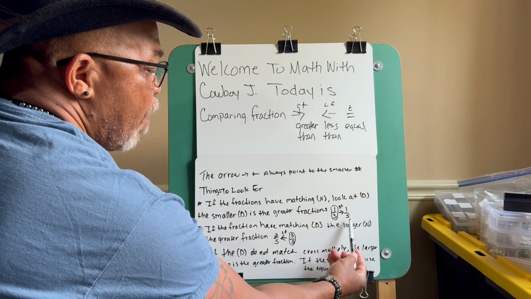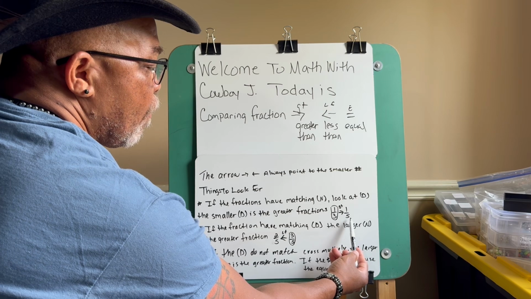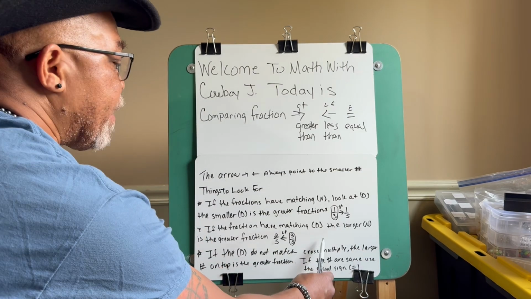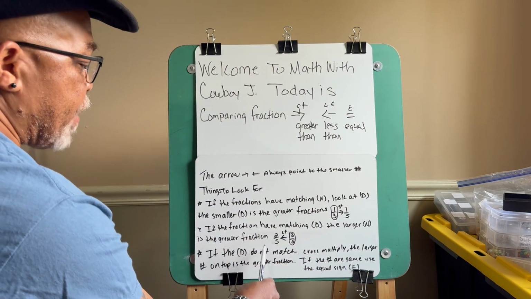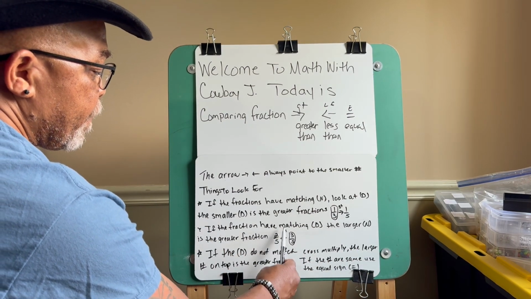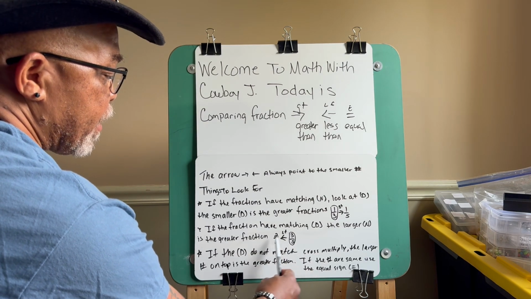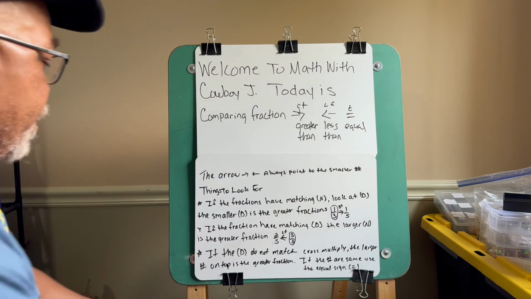Since 3 is smaller than 5, that means 1/3 is greater than 1/5. If the fractions have matching denominators, the larger numerator is the greater fraction. So 2/5, 3/5, matching denominators. 3 is larger, so 2/5 is less than 3/5.